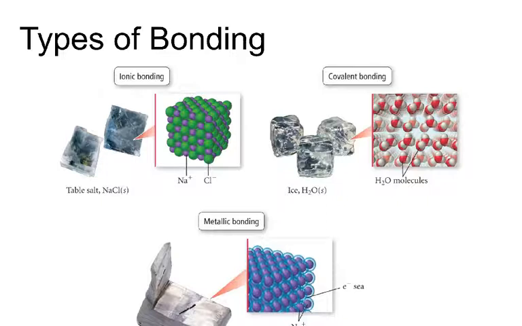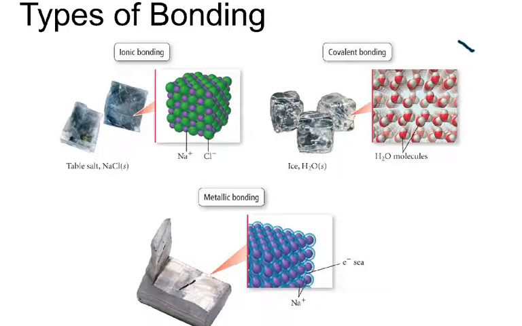We have three types of bonding. We've talked about the first two in some depth already. There's ionic bonding, where you have positive cations and negative anions that are attracted to each other and form solids.